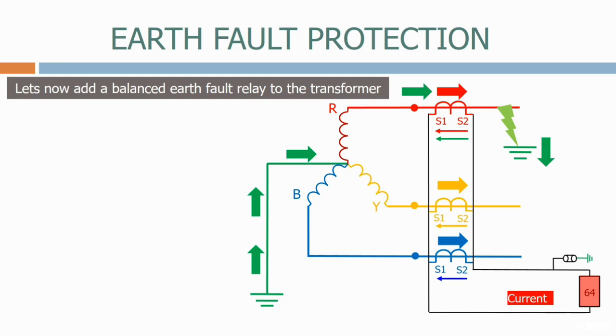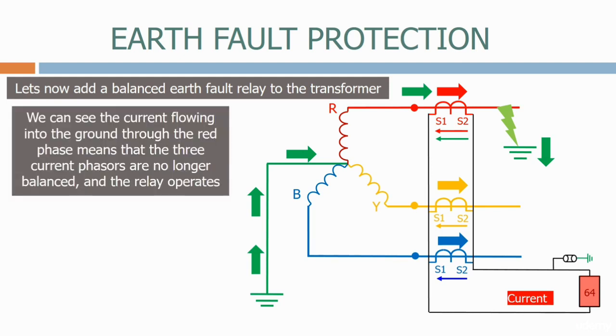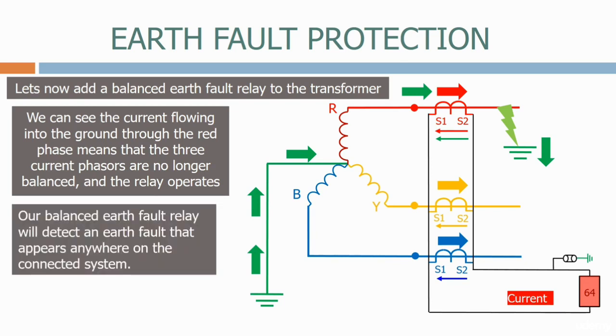Current will now flow through the red phase, into the ground, up through the ground conductor for the neutral point, and back to the transformer. We can see the current flowing into the ground through the red phase means that the 3 current phases are no longer balanced, and the relay operates. Our balanced earth fault relay will detect an earth fault that appears anywhere on the connected system.